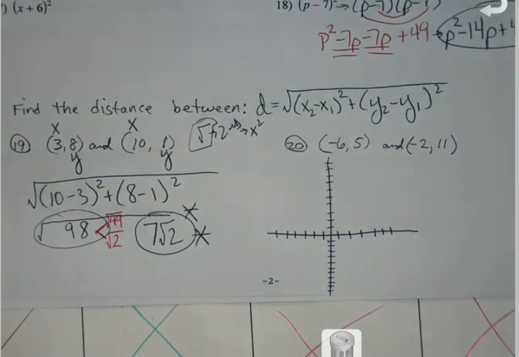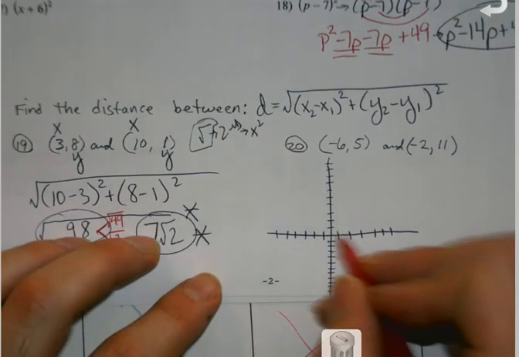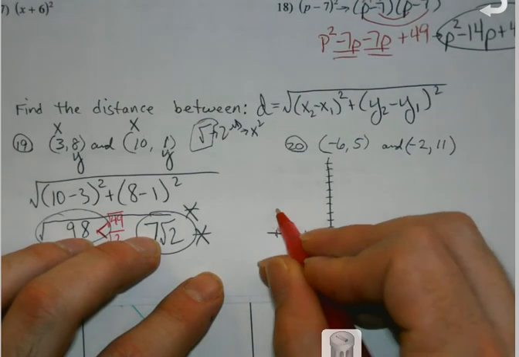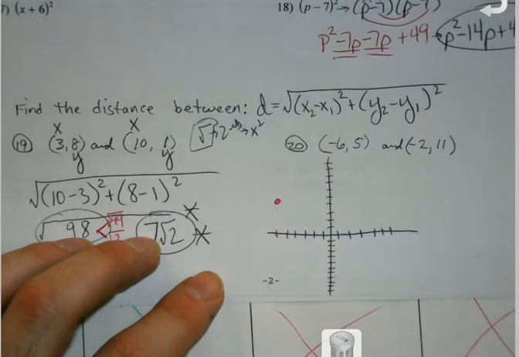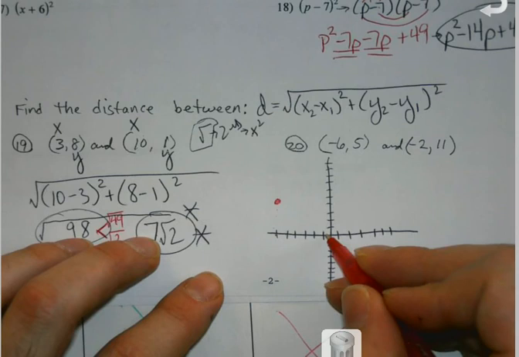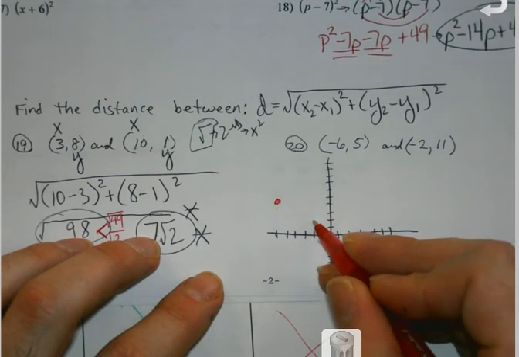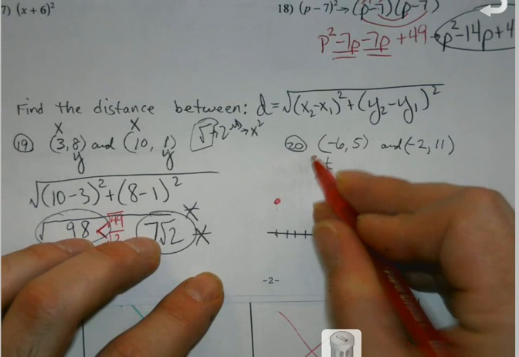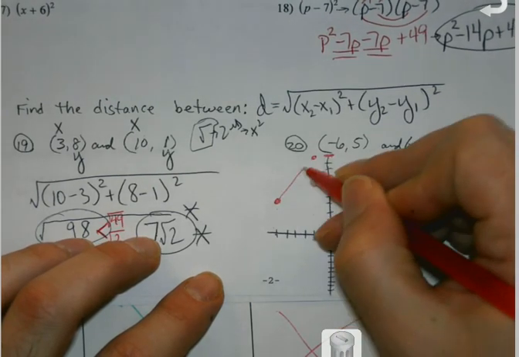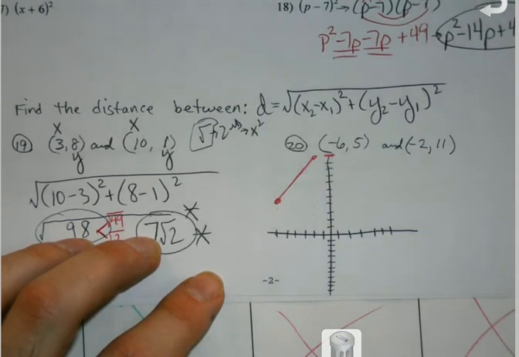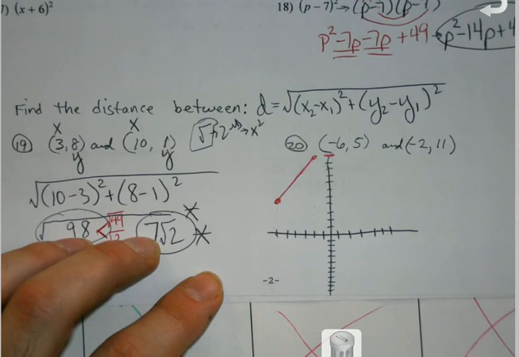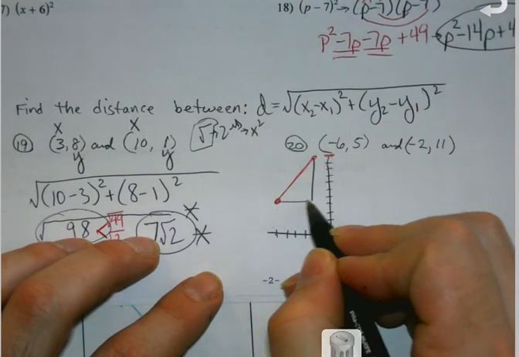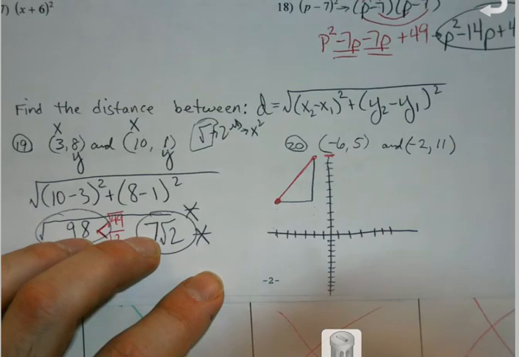What I'd do is I'd make myself a little graph and I'd plot 1, 2, 3, 4, 5, 6. 1, 2, 3, 4. I'd plot the 2 points. 1, 2, 3, 4, 5, 6, 7, 8, 9, 10. I'd connect them with a line once I drew it. And then I'd make a triangle.